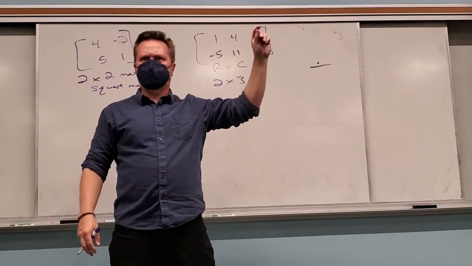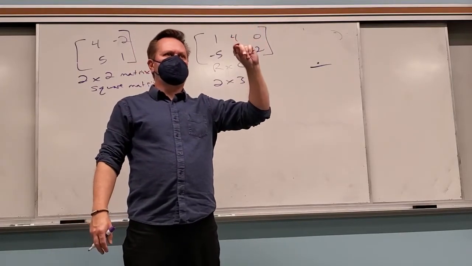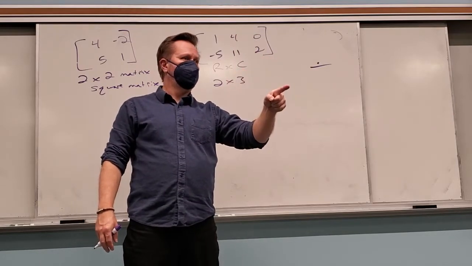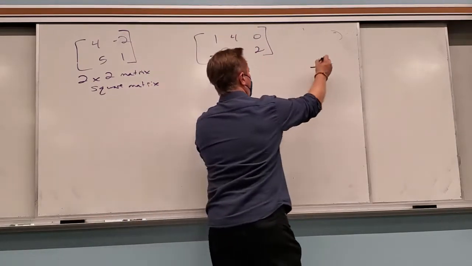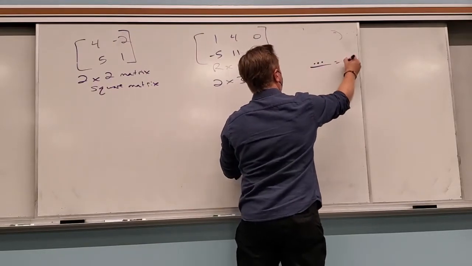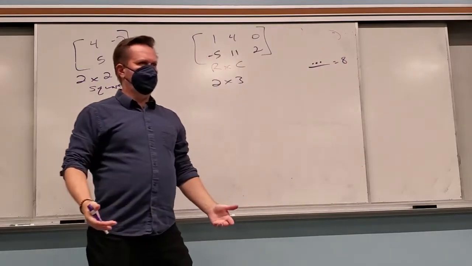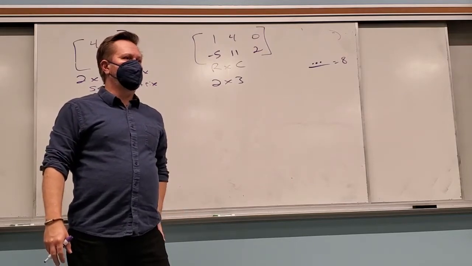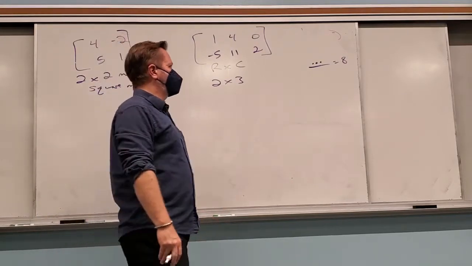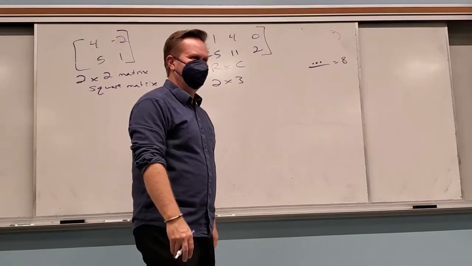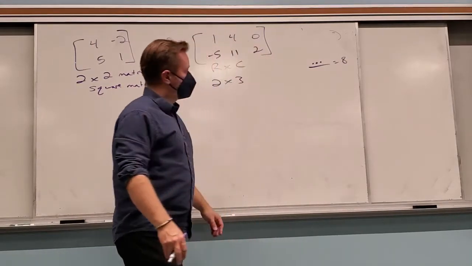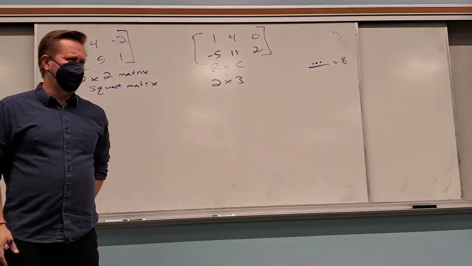Is 8 with 3 dots? 8 would be 3 dots, yeah. So this would be 8. Isn't that also like infinity? Is that infinity? I mean, if you lay it down. Maybe, I don't know.